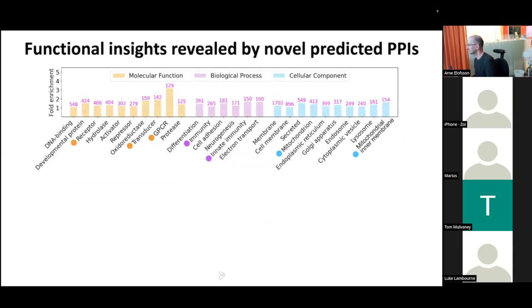Very importantly, using this tool, we were able to identify novel interactions that were not observed previously. One very good sign of our tool is that it seems to be good at predicting interactions between transmembrane proteins, which are a hard target for experiments. That's why a lot of our novel predictions are related to membrane proteins, and in particular GPCRs.